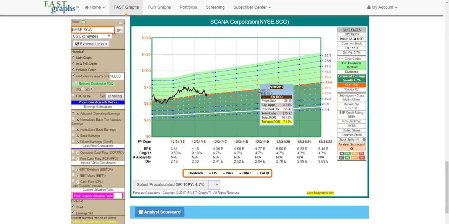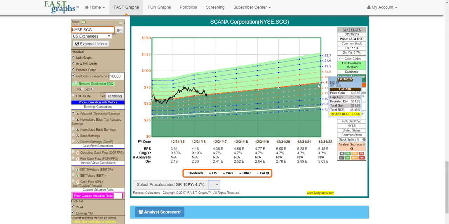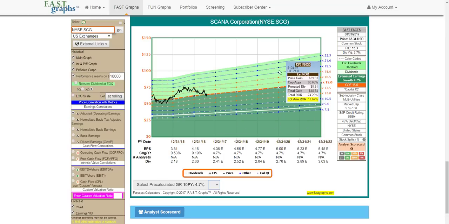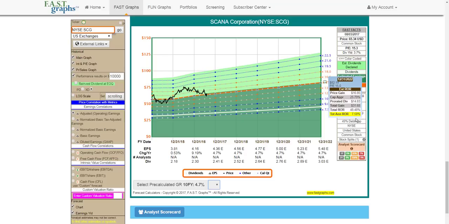I have an expectation now of about a 4.7% capital appreciation going forward because valuation is pretty close to being in alignment, but I'm also going to pick up a lot of dividends. So my total return is going to be 7.5%.